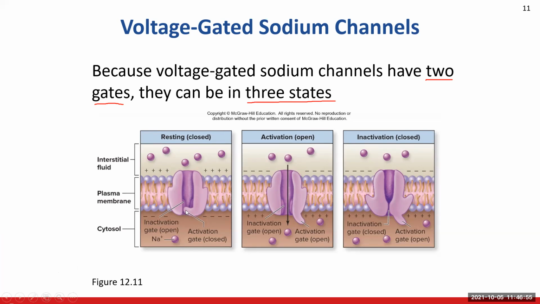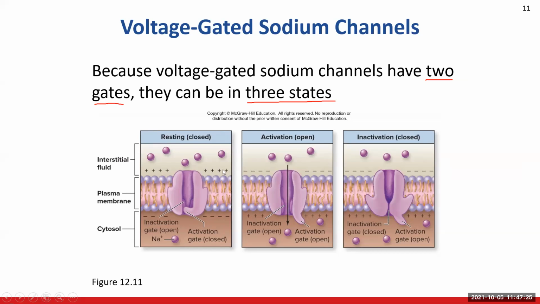You have the activation gate here, and then you can see it in the background we have an inactivation gate, which are these two like swellings here. So there's two types of gates here. And then you'll notice here's our plasma membrane. You can see here's the phospholipid bilayer, but look at this. You have pluses on the outside and negatives on the inside. So this is representing the charge along the plasma membrane here.